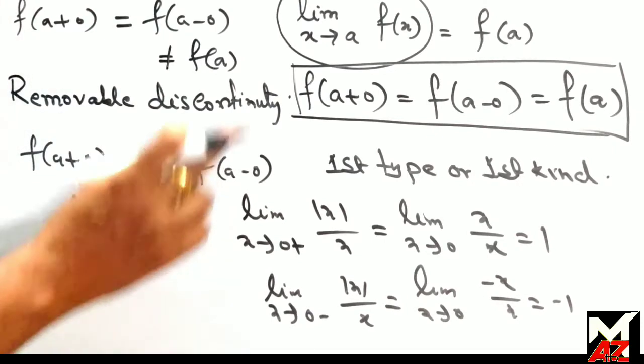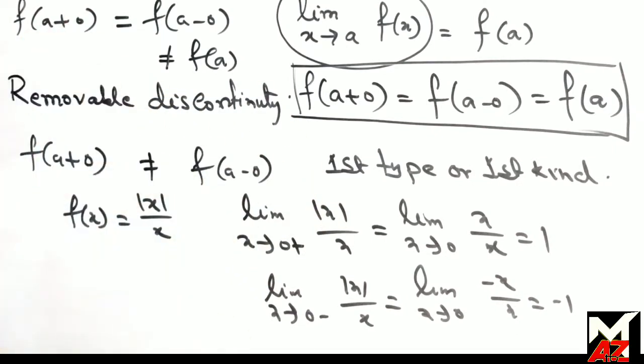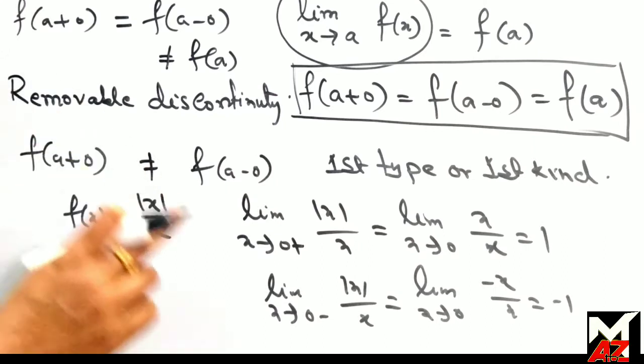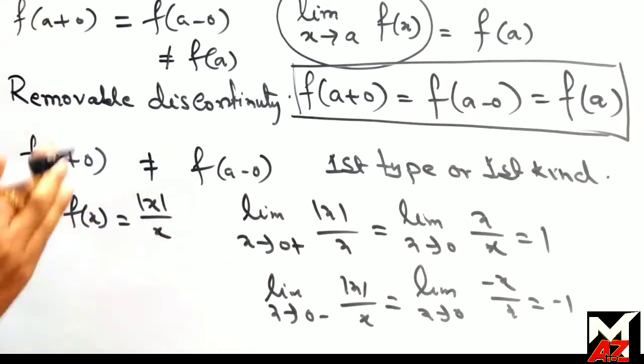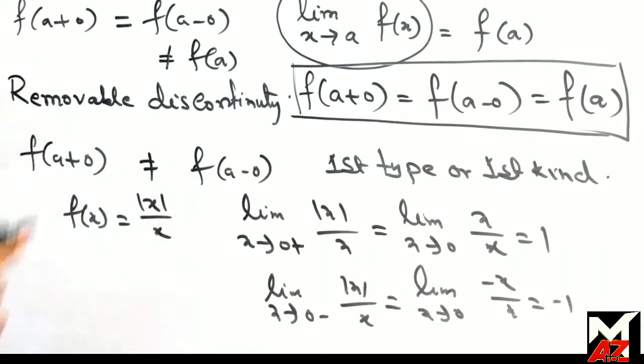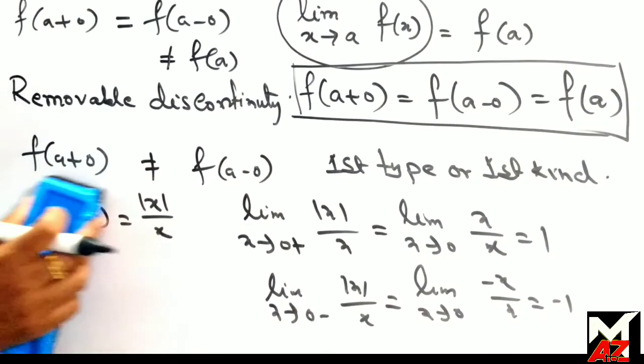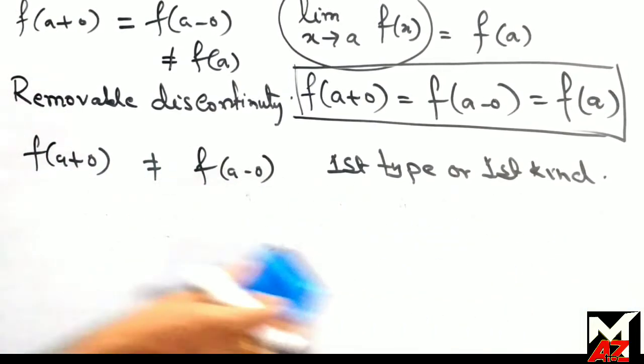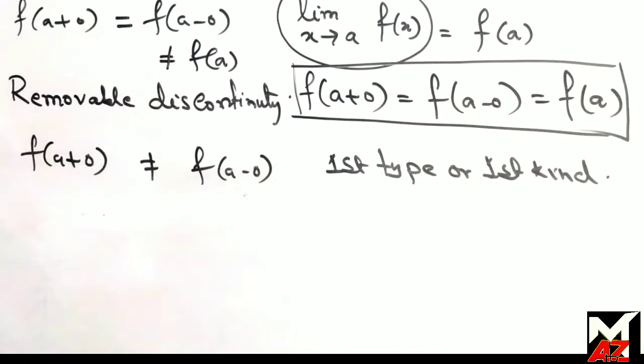So right hand limit is 1 and left hand limit is minus 1. So this is discontinuous at x equal to 0, and this type of discontinuity is called first type or first kind of discontinuity.